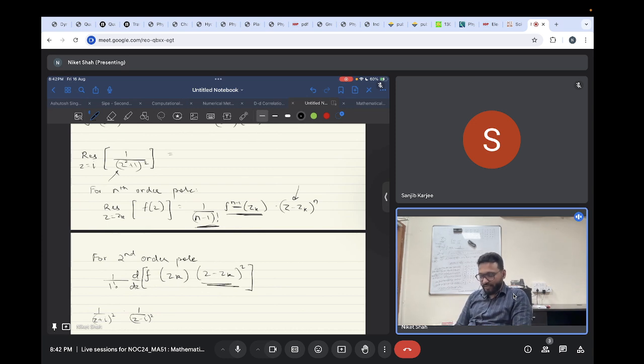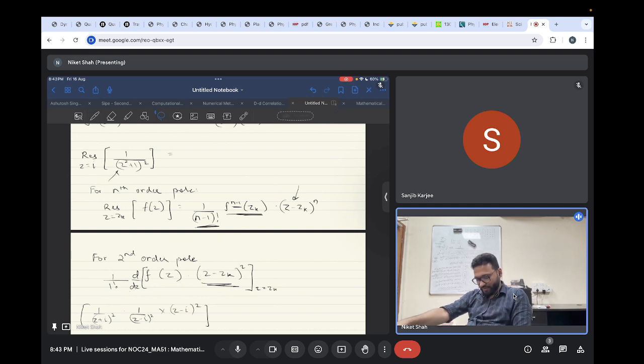So z minus zk square should be inside: f of z into z minus zk the whole square, d by dz. This is evaluated at z equal to zk. So this is my f of z into z minus i the whole square.